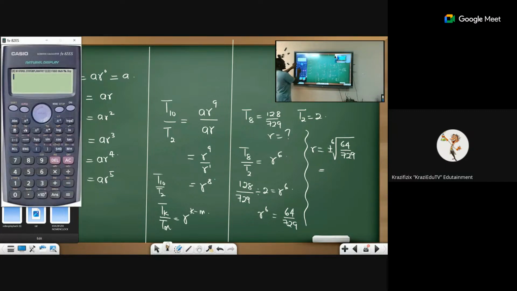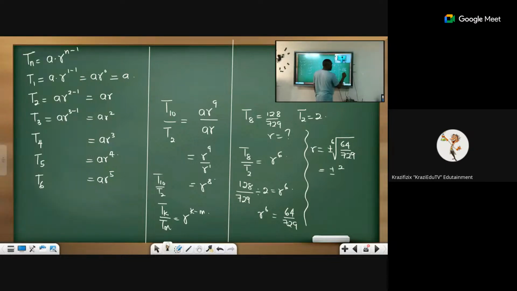All right. 6th root of 64 over 729 is 2 over 3, plus or minus 2 over 3. So if they want you to do this, they'll give you the restriction, say R is greater than 0, or R is less than 0, or the possible values. So it's either plus or minus. Guys, are we okay with this? Did this make sense? Let me know.